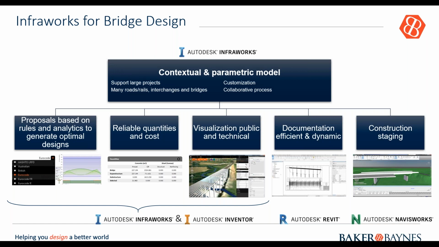And then you've got the documentation part of it. This is your interoperability, be it with Revit or with Civil 3D. And if anything gets updated in that column, you can go ahead and update your 3D model automatically with the sync. And then you've got Navisworks, like I said, for clash detection and construction staging.